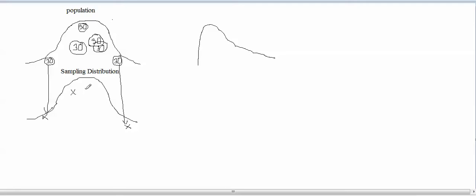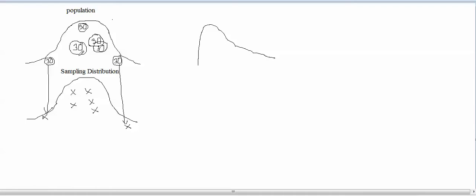I'm not sure exactly where they'll be, but somewhere in the middle of the curve. So each of these values that make up the sampling distribution is an average of a sample. This is an average of a sample here.